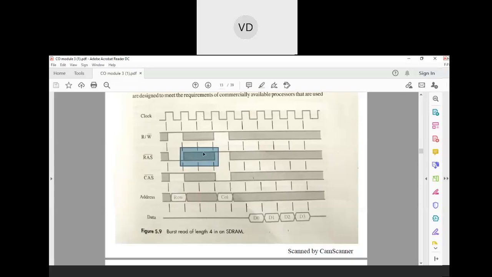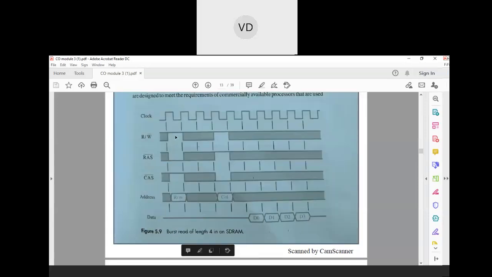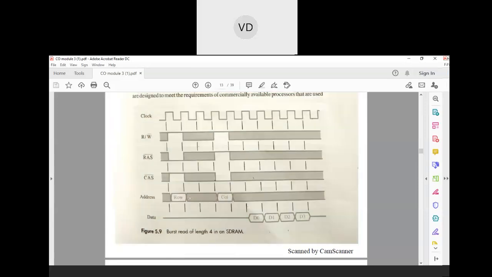It takes a delay of 2 cycles for selecting that particular row. After selecting that row, the column address will be strobed.